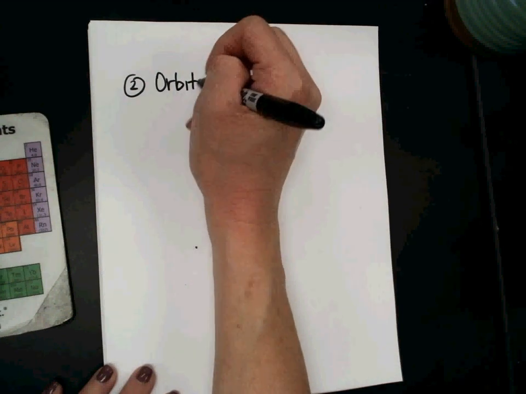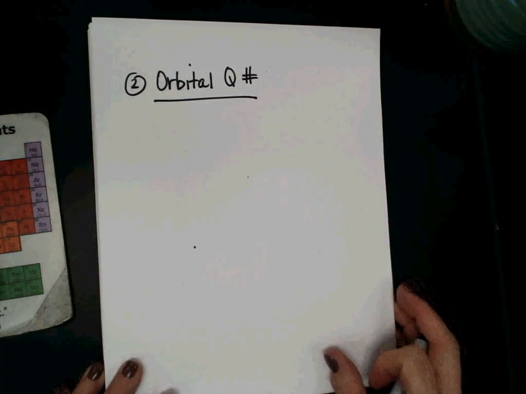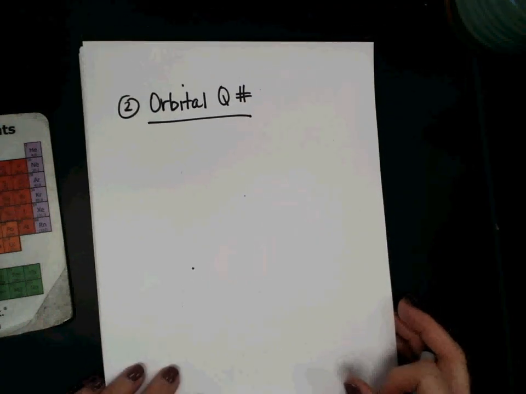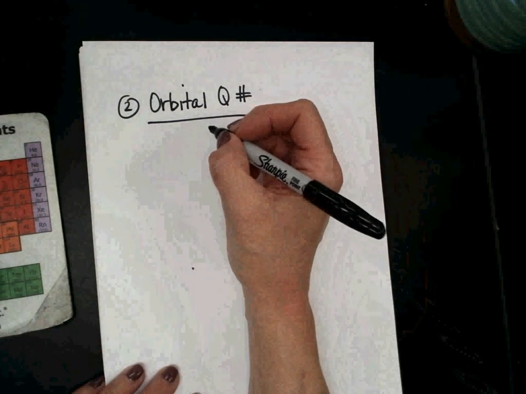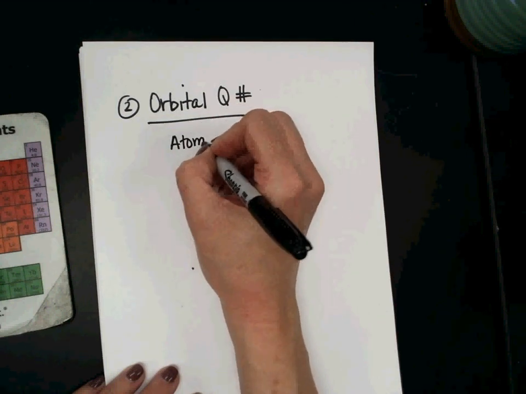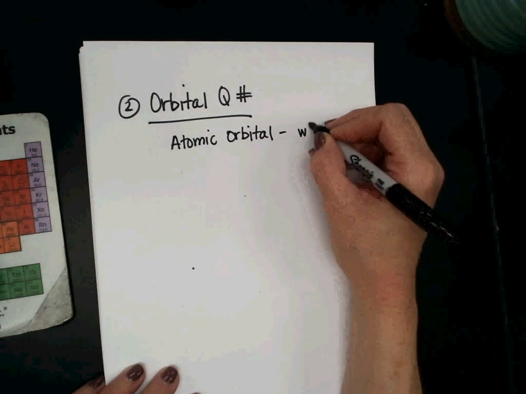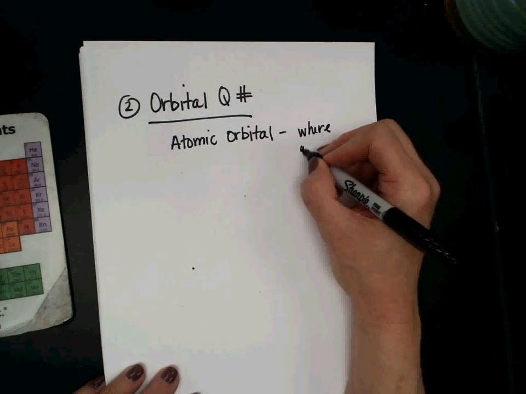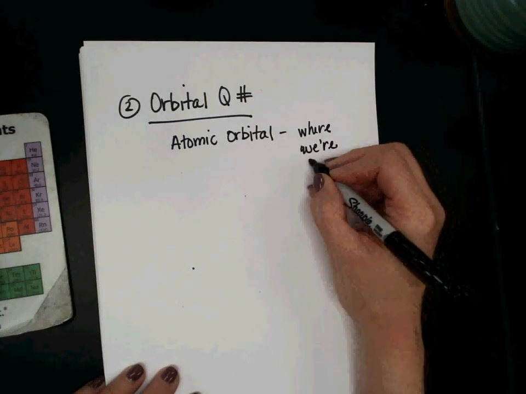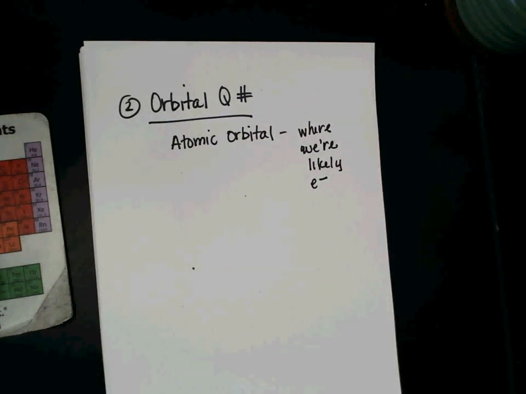And the second one is called the orbital quantum number. And when we talk about the orbital quantum number, we're really talking about, it's called an atomic orbital, and that's where we're likely to find the electron.